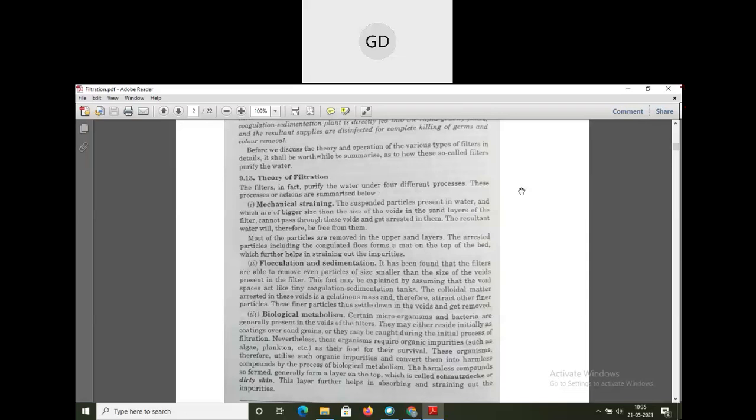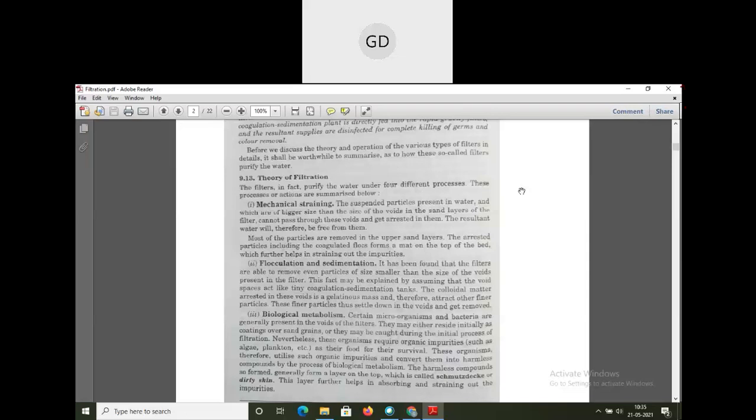Then number three is biological metabolism. In that filter, in the voids of the sand, there are microorganisms and bacteria present. These microorganisms and bacteria need food for their survival.